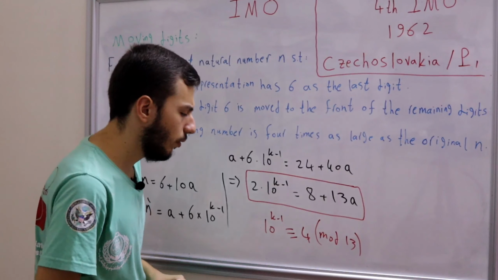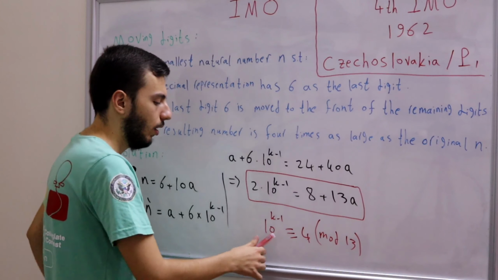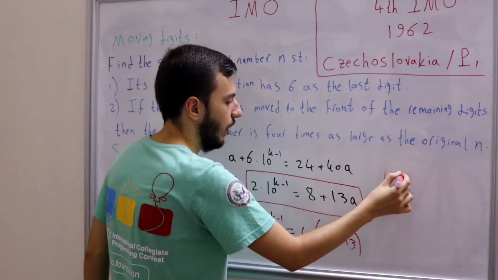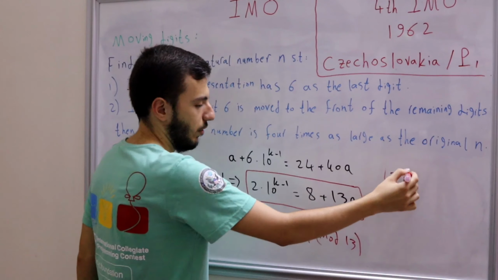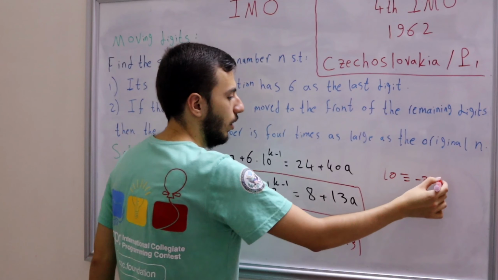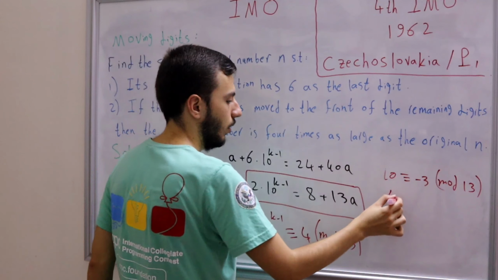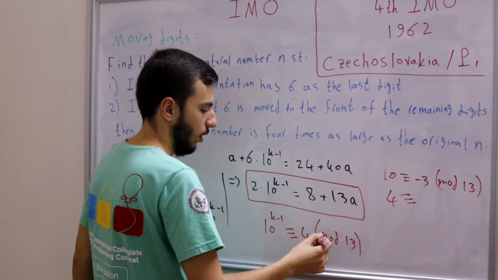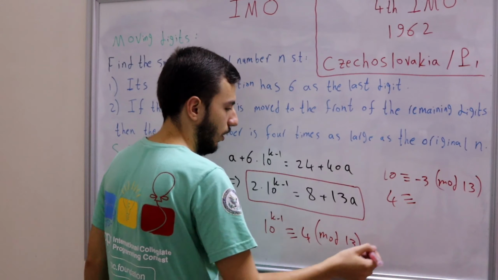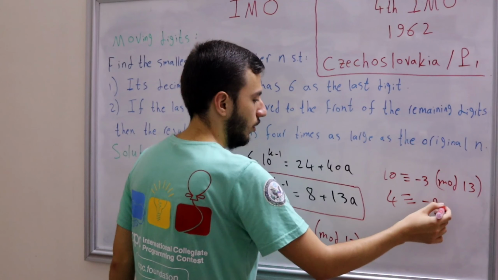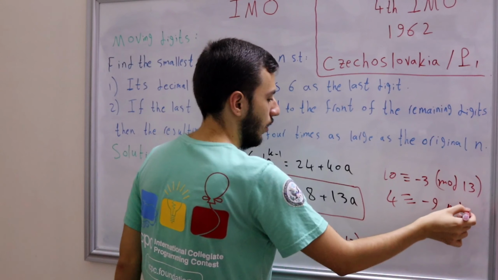So how exactly? Well, this is really simple. What is 10? We can subtract 13. We know that 10 is congruent to 10 minus 13, which is just minus 3 modulo 13. What about 4? We can do the same, just subtract 13 and we get minus 9 modulo 13.